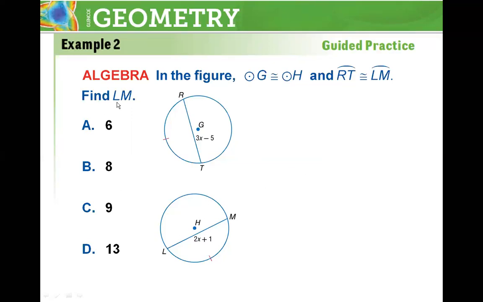Find the length of LM. If you don't write the line, it means I need to find the length of LM. This line represents a chord, so I need to find this chord.